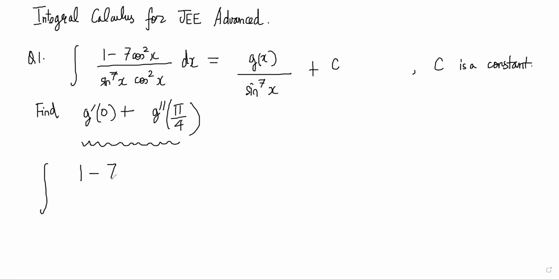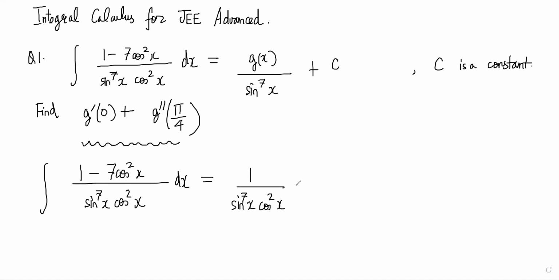So we have 1 minus 7 cos square x by sine power 7x cos square x dx. One thing you could do is split the integral into two separate fractions: 1 by sine power 7x cos square x minus 7 cos square x by sine power 7x cos square x.